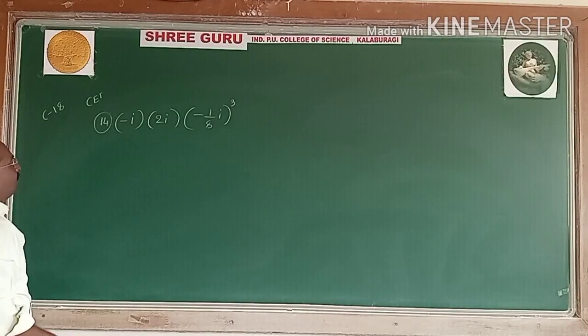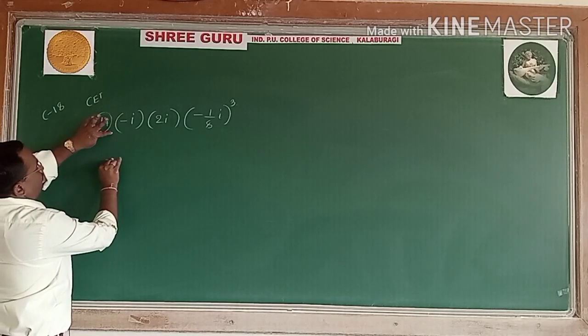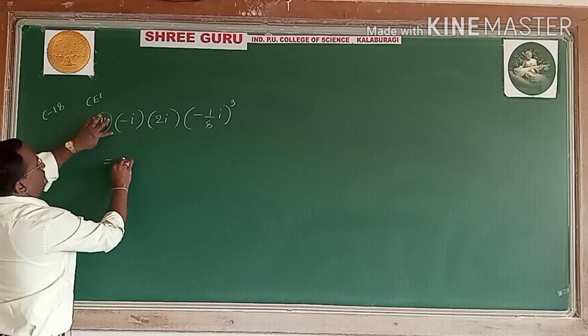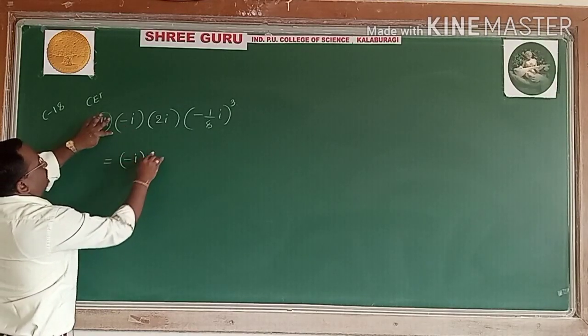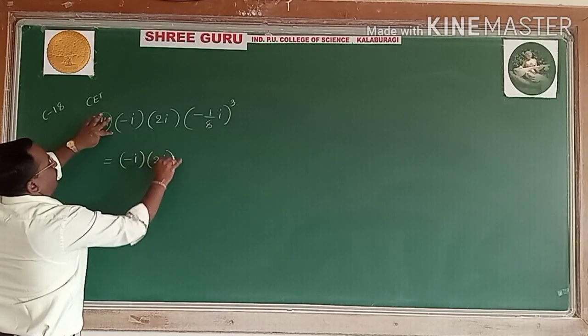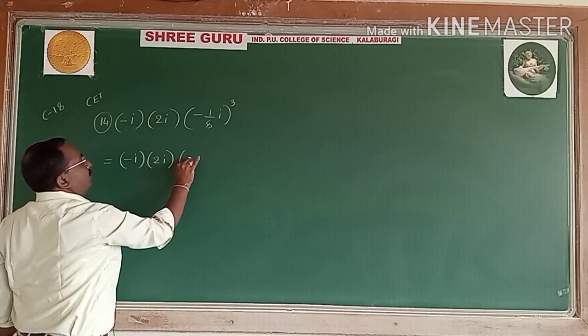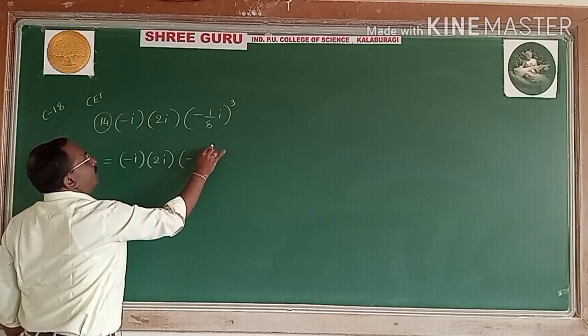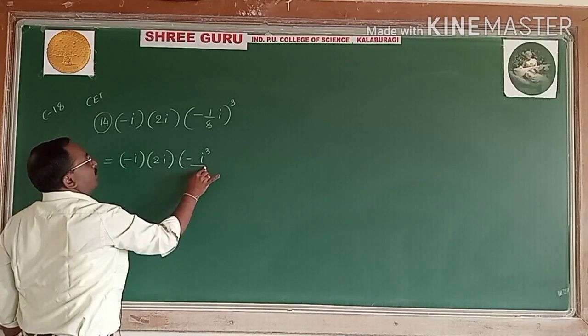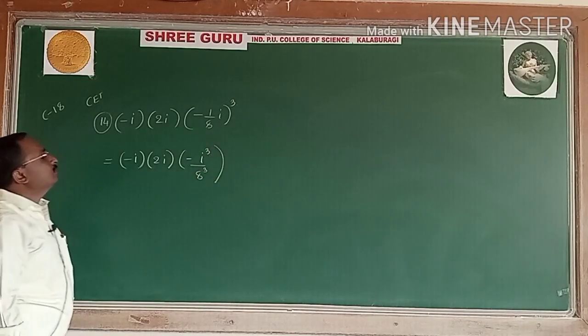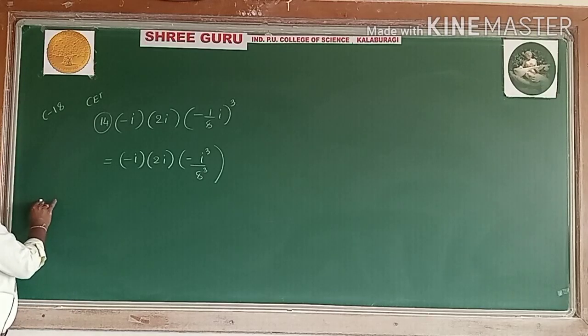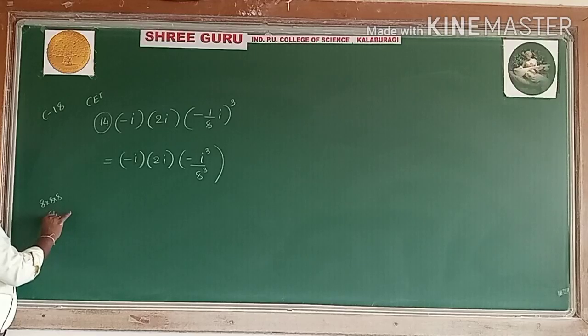Simplify this one: minus i as it is, 2 as it is, negative to the power 3 is odd, definitely negative, minus i cube divided by 8 cube. 8 into 8 into 8, that is 8, 8, 64, 8, 512.